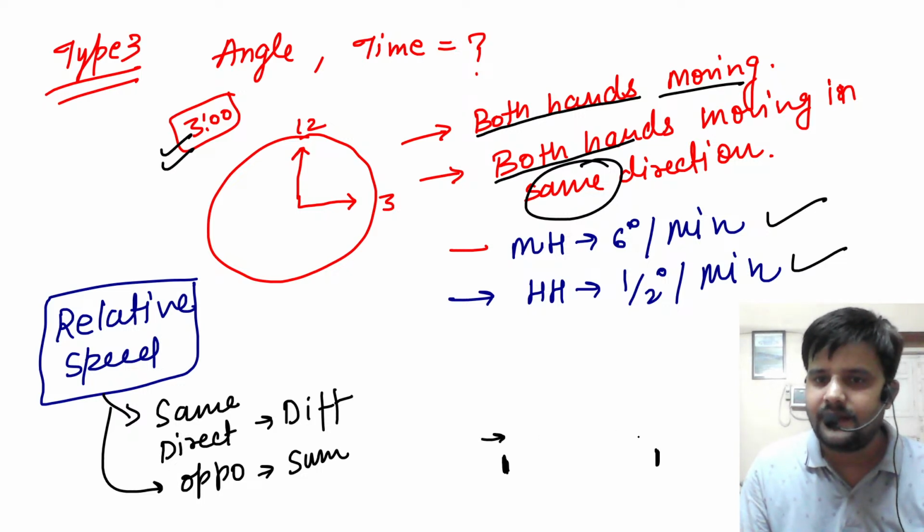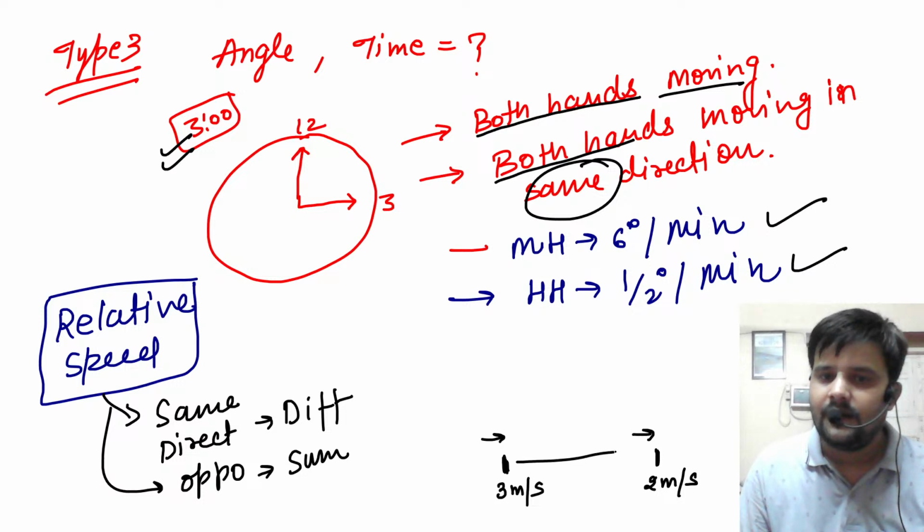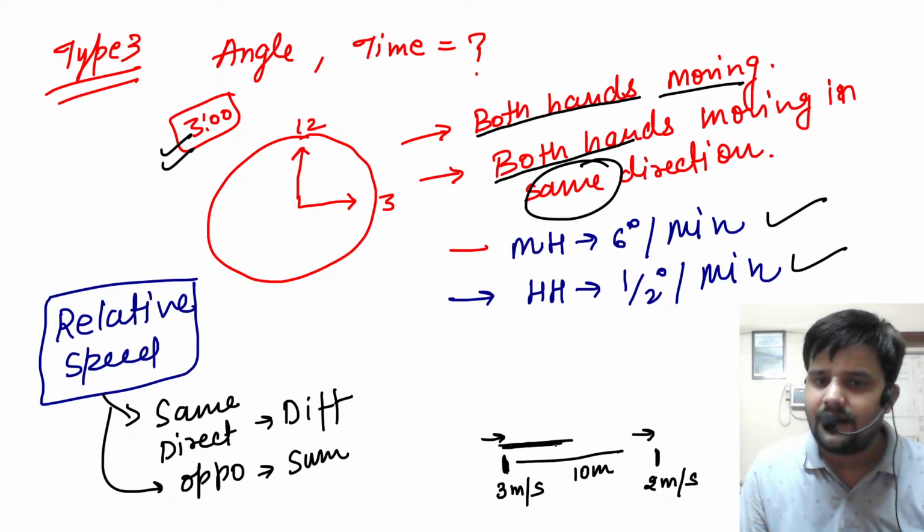You both are moving in the same direction. Your friend's speed is 2 meter per second. Your speed is 3 meter per second. Let's say the distance between you is 10 meter. After 1 second, you will cover 3, so the remaining distance is 7.